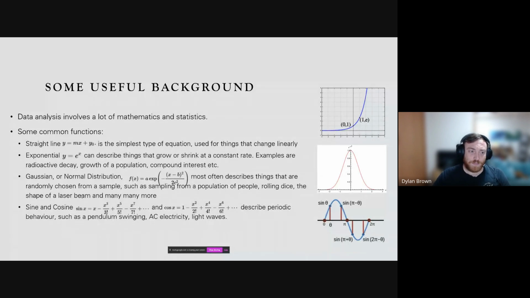The next thing is there'll be some common mathematical functions that you'll see a lot of. I think I'll cover most of these today. The first one, the simplest one, is a straight line. It's just given by some expression here. We use it to describe things that change in some linear fashion.